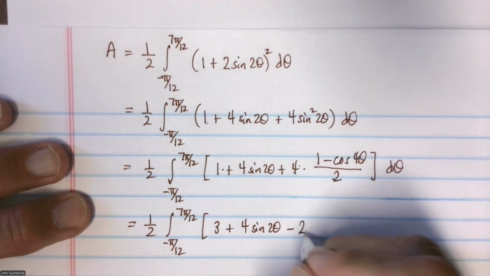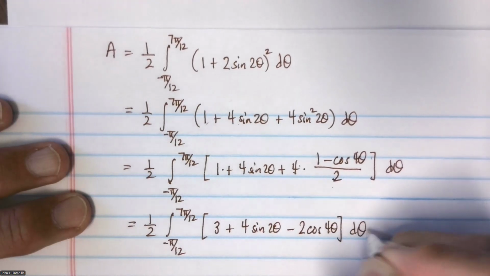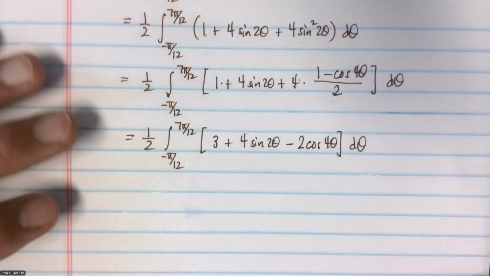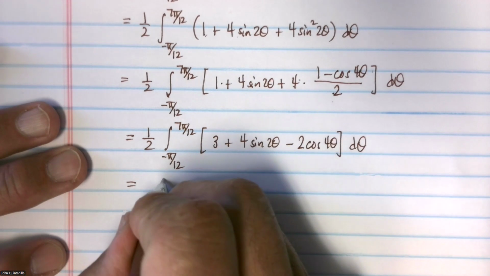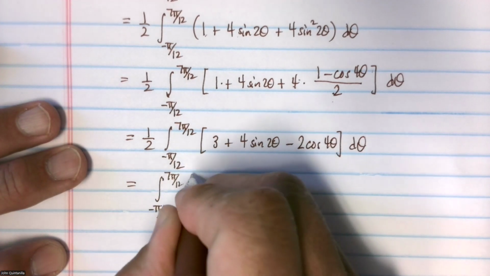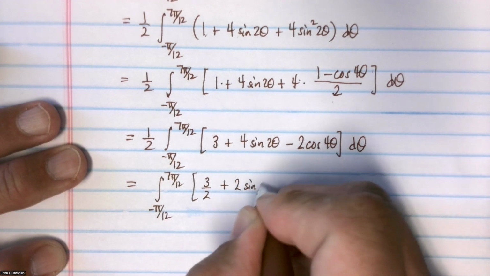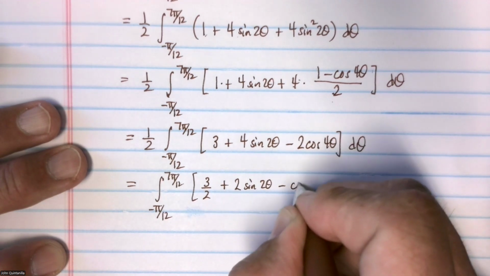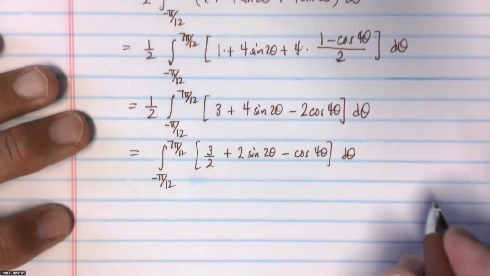So minus 2 times the cosine of 4 theta d theta. Okay, and let me bring the 1/2 inside before I integrate. Negative pi over 12 to 7 pi over 12 of 3/2 plus 2 sine 2 theta minus the cosine of 4 theta d theta.